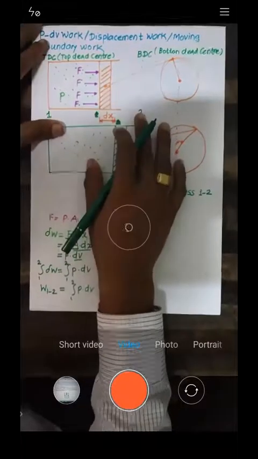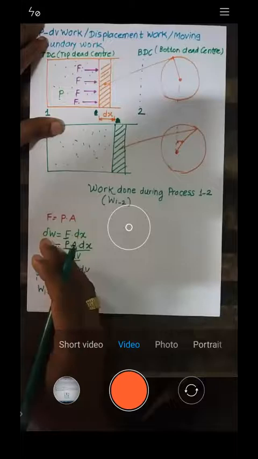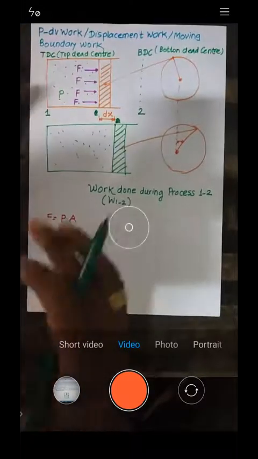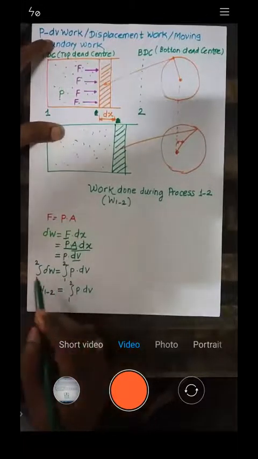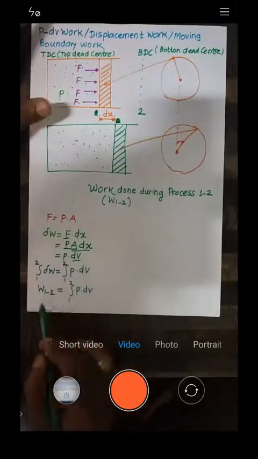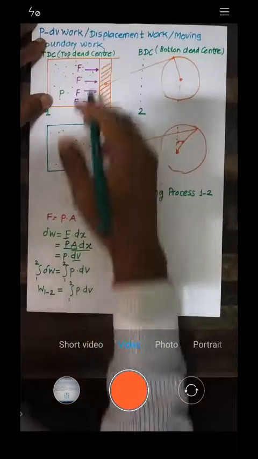That is the reason I'm just briefly explaining this. Everything in this chapter we are going to see in detail in gas power cycle. If I just directly write down this formula, you might not be able to understand where this formula came from, so for that I explain the entire derivation.